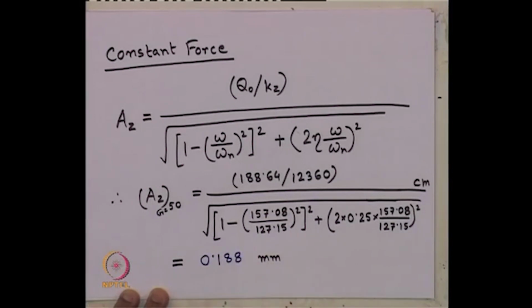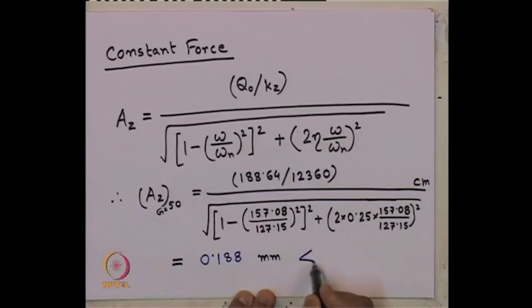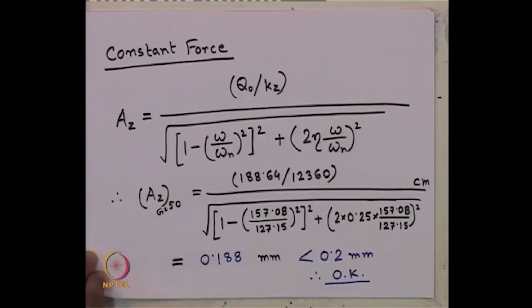It is 0.188 millimeter, and we need to check this with respect to 0.2 mm. Therefore, the design is okay. This is a design check problem, as I said. So, it is found that the design is all right. This is for the first type of soil.